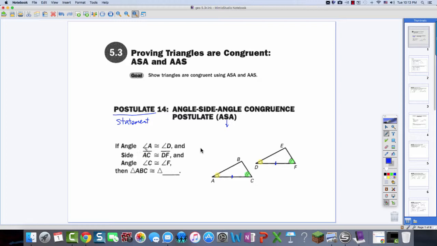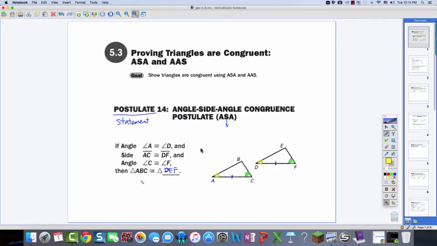So what this postulate says, like I said, is that angle A and angle D are congruent, AC and DF are congruent, and angle C and angle F are congruent. Therefore, I can draw the conclusion that triangle ABC and triangle DEF are congruent.